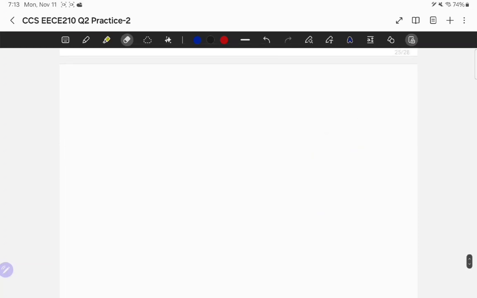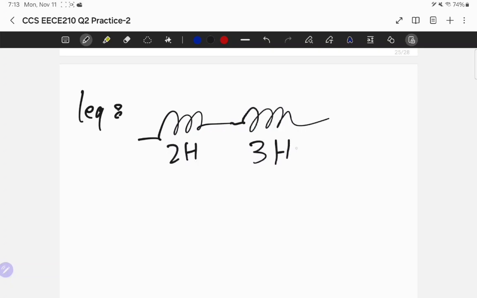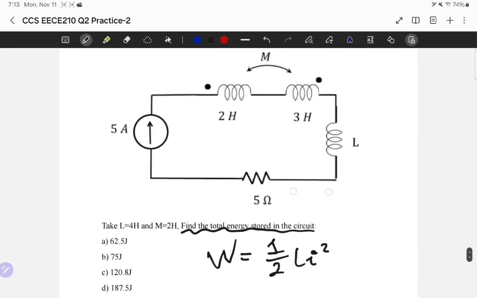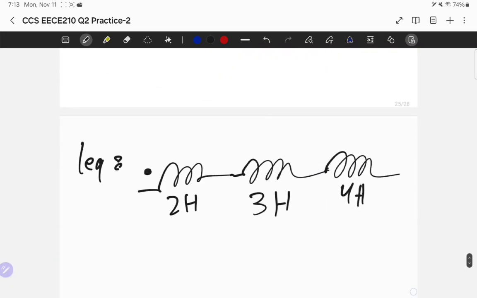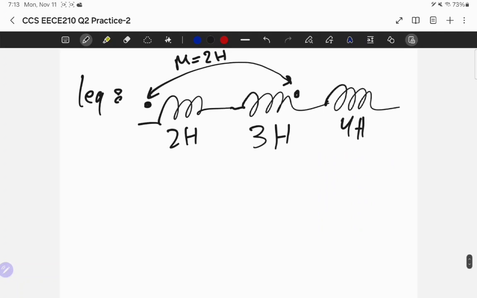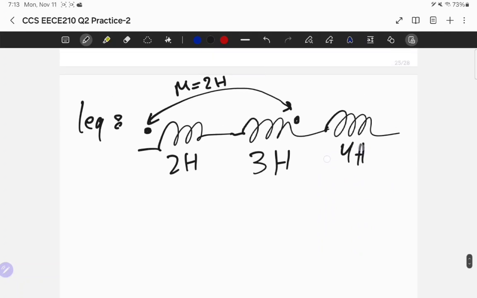Now, one way to find L equivalent, so I need L equivalent of, I have 2 Henry and I have 3 Henry and I have 4 Henry and I have this mutual coupling like this, which is M equal to Henry. And I have in here plus 5 amperes flowing.